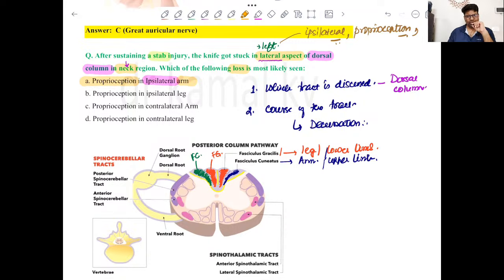Chalo, next question. And this we have already discussed while we were discussing questions in anatomy of the FMG PYQ session. So a patient has cirrhosis. Consequent to that, he developed portal hypertension. And the question was about opening of portosystemic anastomosis.